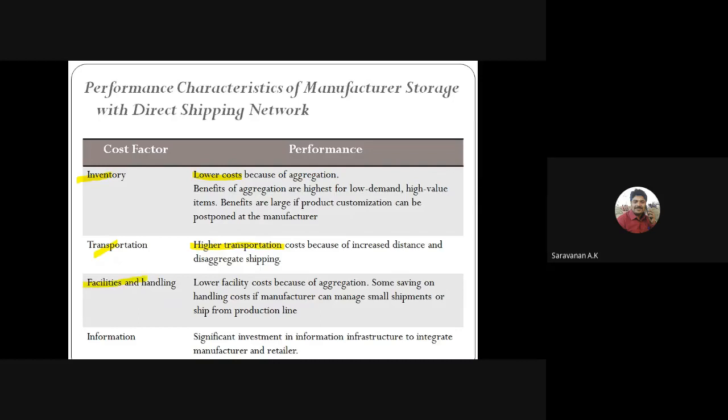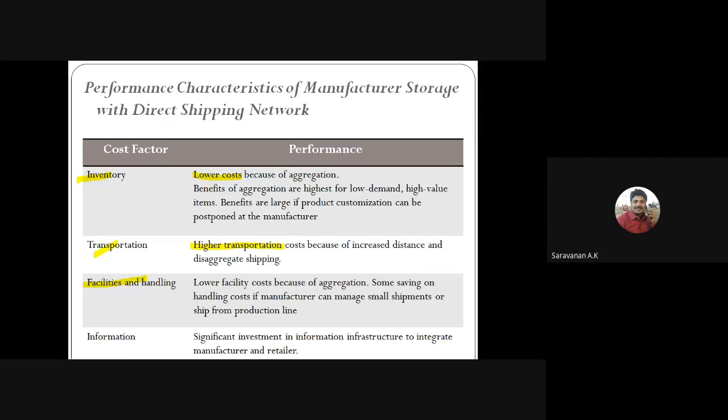The facility and handling, right? So the lower facility cost, because of the aggregation, we do not have to know the storage inventory or a stock of material in the warehouses or intermediate nodes, that is the distribution centers.